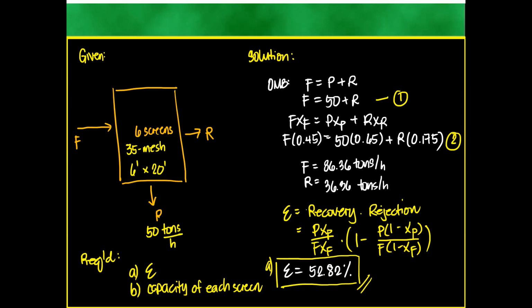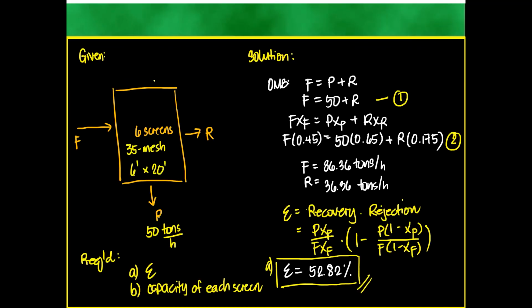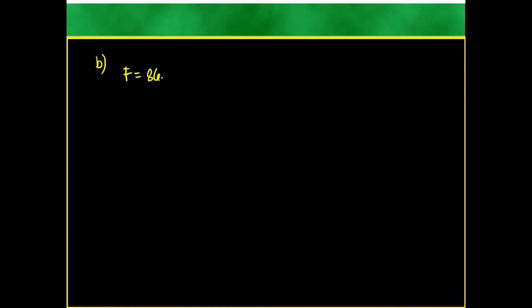Should I be considering F or reject in terms of the capacity of the screen? Should be the feed, because the feed is the one that goes to the screens. So here, in solving letter B, we know that the F I was able to solve for is 86.36 tons per hour.